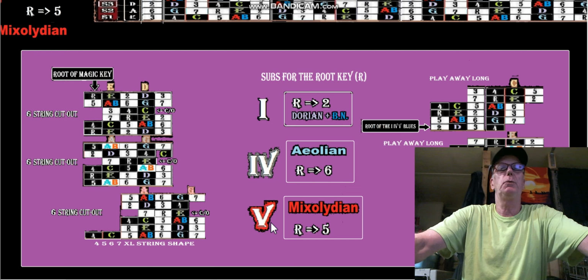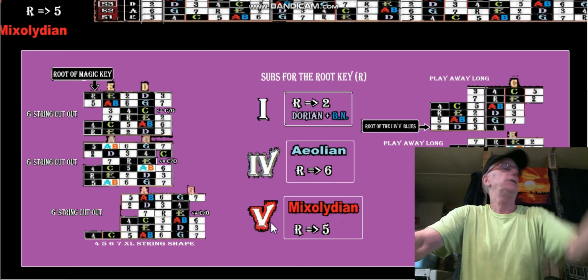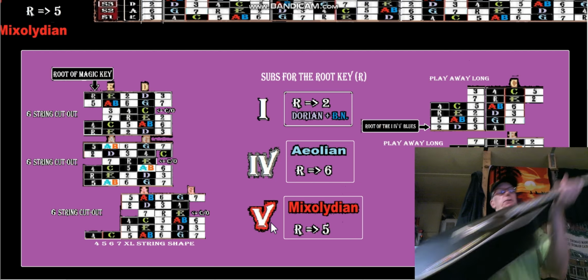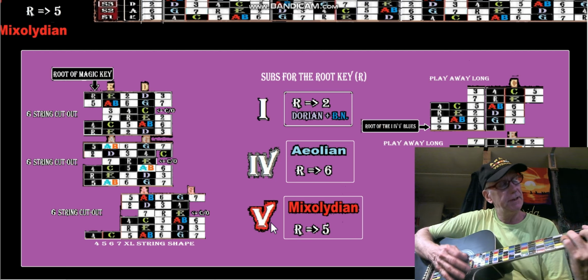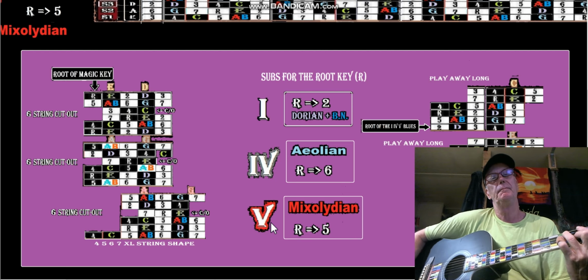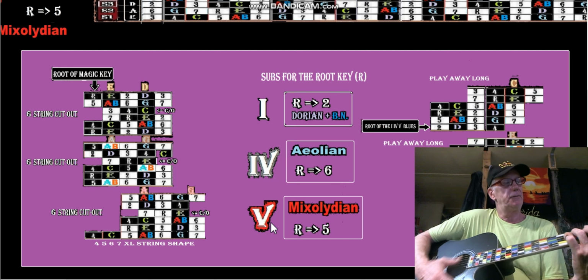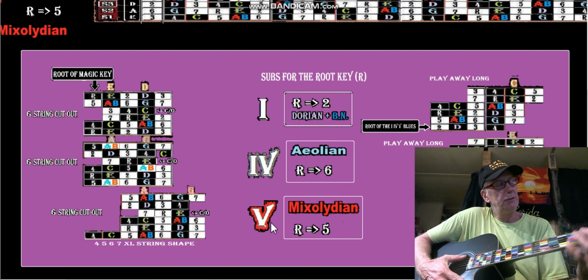It doesn't matter what key you're in. You could use the Blues Magic Key of C and play your blues in the key of D. So you would have this groove chord in D, and from that D, you just continue to play that C.